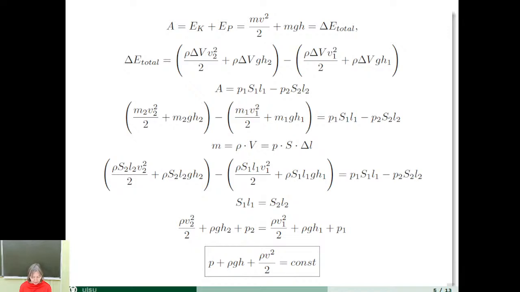Let's take section S of a tube of current and displacement delta t so small that to all points of each of the shaded volumes could be attributed the same speed v, pressure P, and height h. Then for the increments of total energy, look here, this is the second volume and this the first.